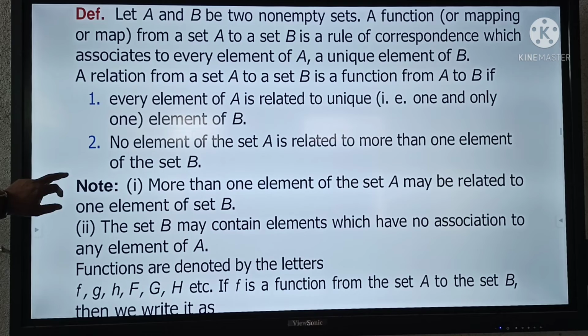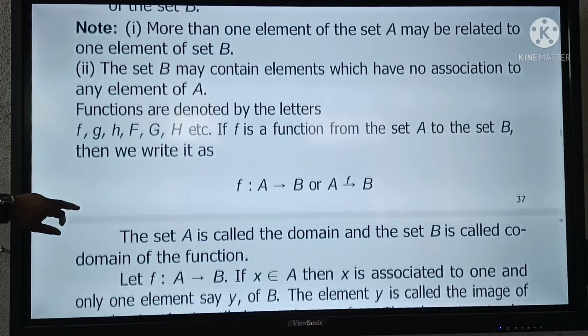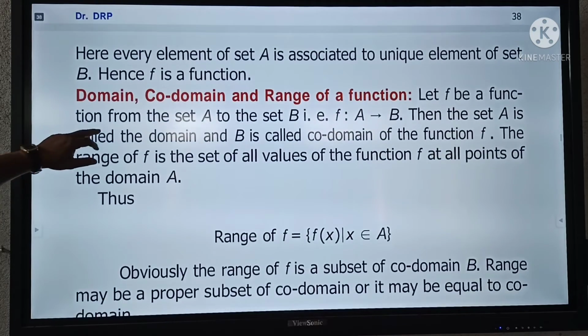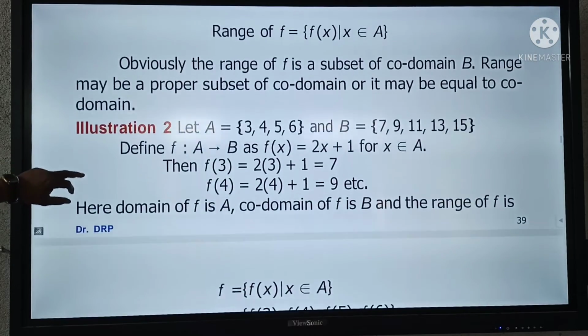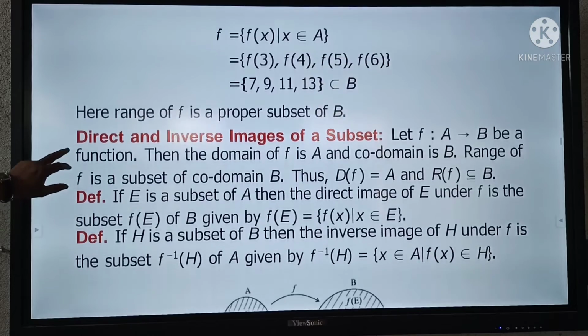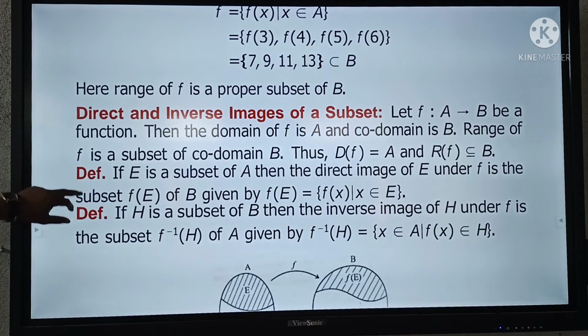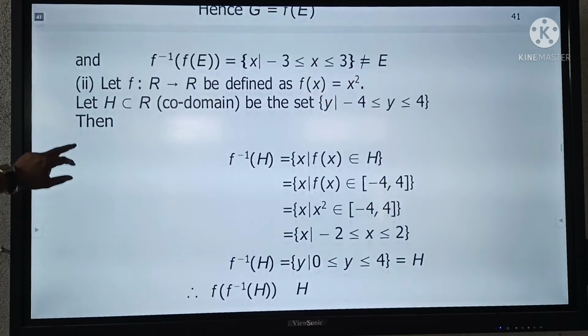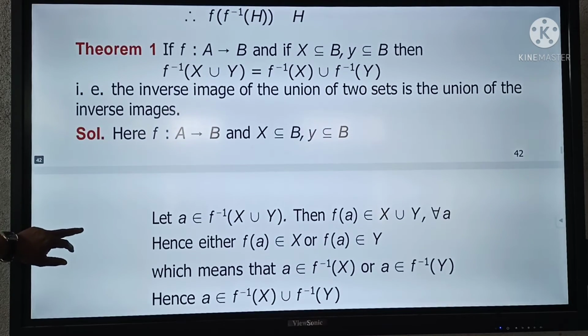We have studied notes; they have been given to you, and having a brief look at them will be enough. So domain, codomain, range of a function. We have studied this one. Direct and inverse image of a subset. Here we are not wasting time on this.